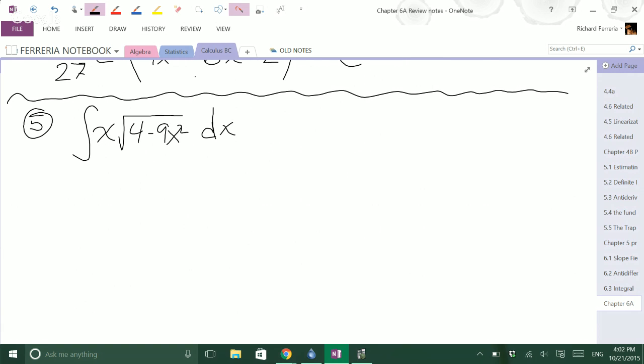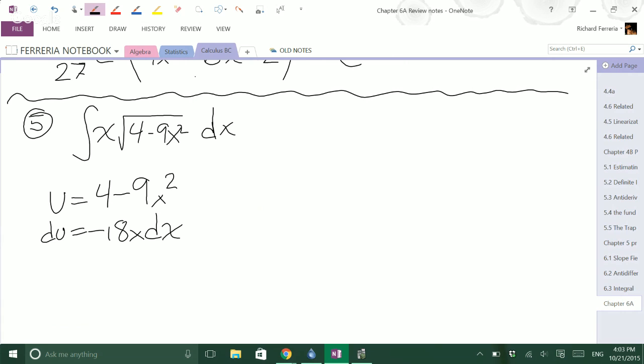So u, we're going to say u is 4 minus 9x squared. Make sure you don't put the 1/2 power as part of u. du is negative 18x dx.